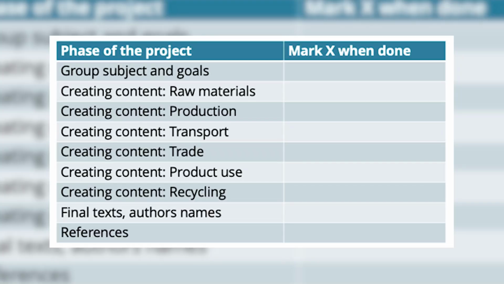One thing that seemed to work was an assignment where groups needed to make a checklist, with the different things that should be done during the process and that would be the next things to do, and pupils marked them as checked when they had done them.